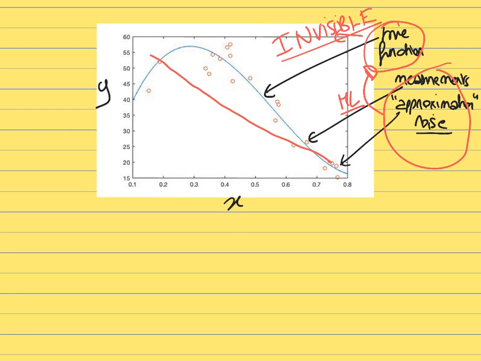It's clearly too simple. Even if we don't know the true function, when we look at the data points, like the orange data points, we clearly see that they show a maximum and then decrease. So we know that the true function should not be a linear function.